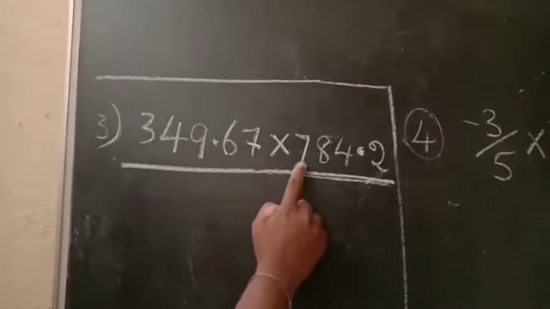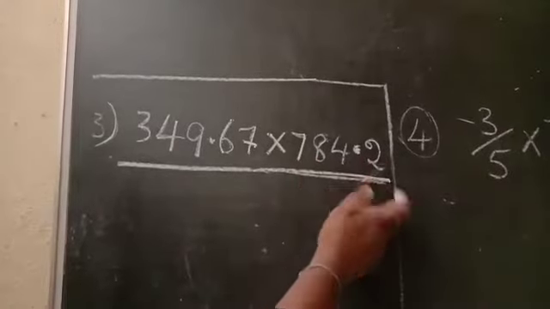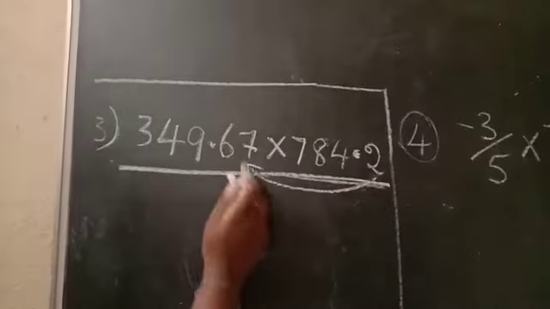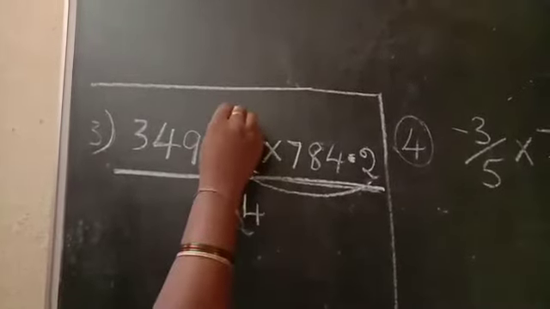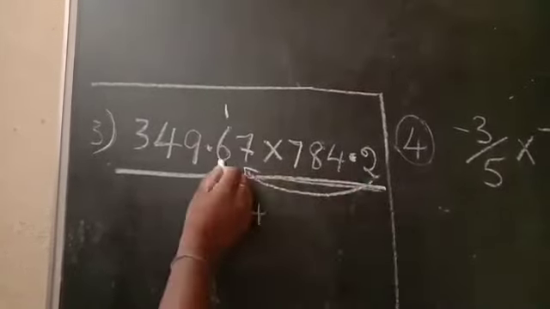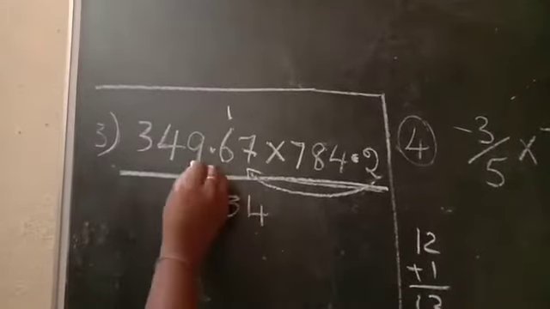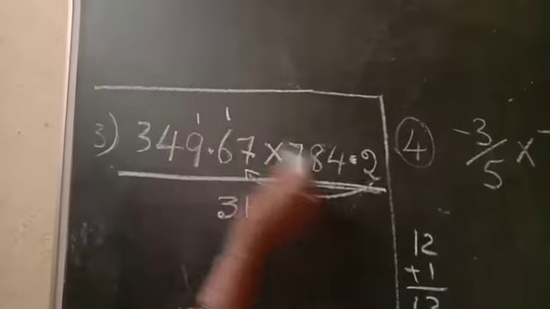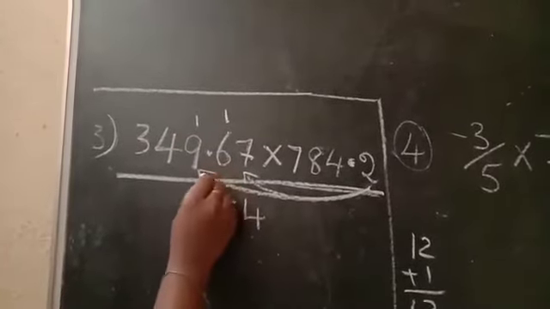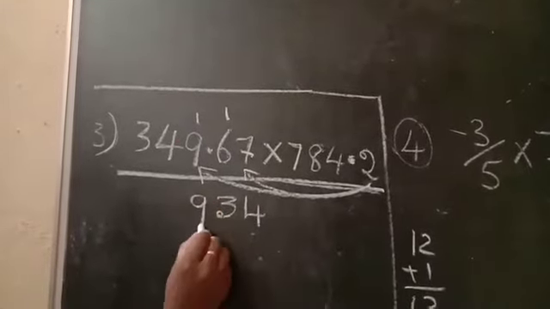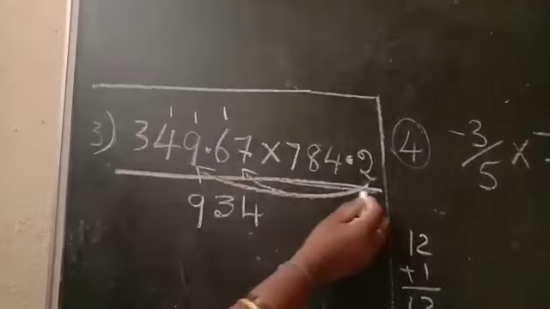349.67 into 784.2. Now 2 should be multiplied with 7. 2 7s are 14. 1 should be carried out. 2 6s are 12. 12 plus 1 is 13. 3 should be written here. 1 should be carried on the 9. 2 9s are 18. 18 plus 1 is 19. 9 should be written here. 1 should be carried here.